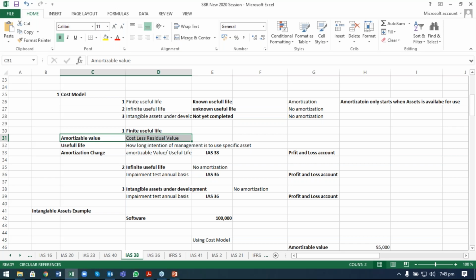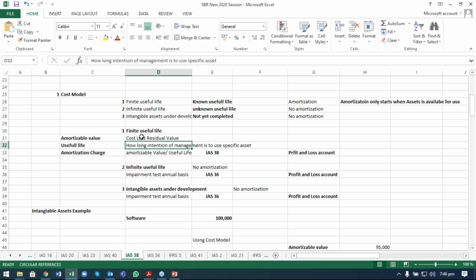After 10 years, management is going to discard or dispose of that asset. So what is the expected residual value on the very first day when you are recognizing that asset? You have to estimate the residual value, and that should be deducted from here. But normally, an intangible asset might not have any residual value. That's another understanding: most intangibles don't have any residual value.